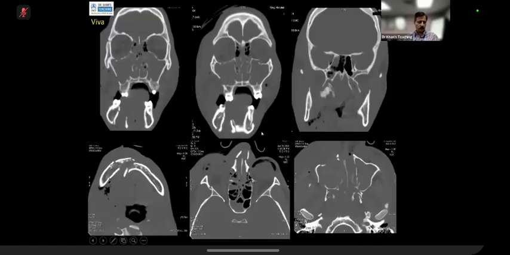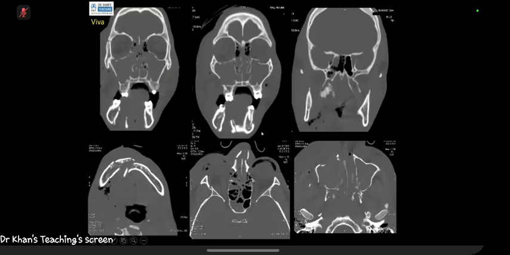So can you describe the findings on this one? Over to you. There are bilateral fractures of the lateral pterygoid plates. I'm looking at the rest of the bones. There is a pyramidal shaped fracture involving the pterygoid plate. There is a fracture of the inferior orbital walls and the bilateral lateral pterygoid plates.